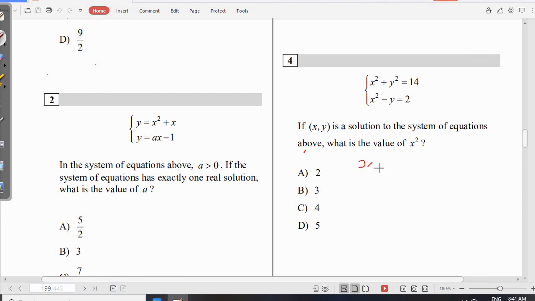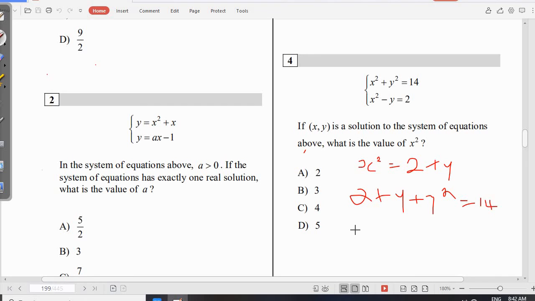So let's try it. This is x squared is equal to 2 plus y. Now carry that into this place. You have 2 plus y, plus y squared equal to 14. This is a quadratic equation. So y squared plus y plus 2 equal to 14.